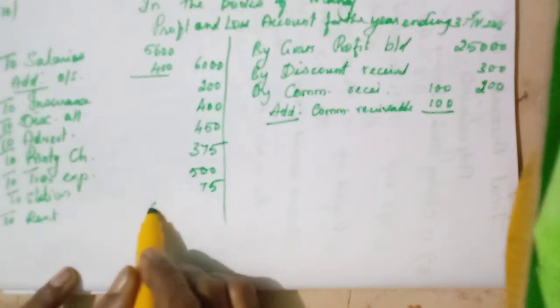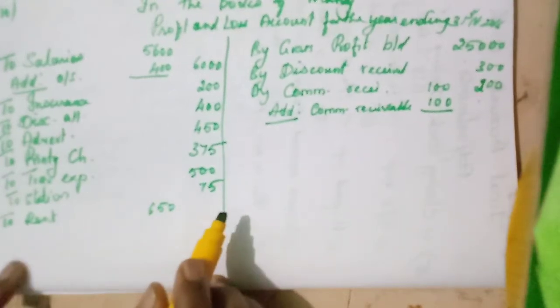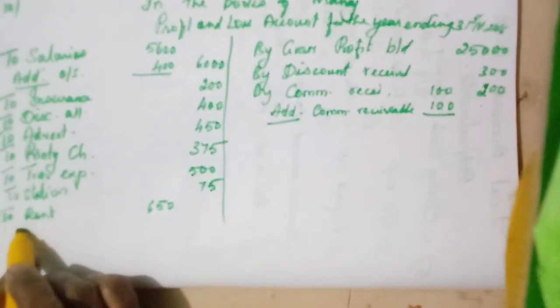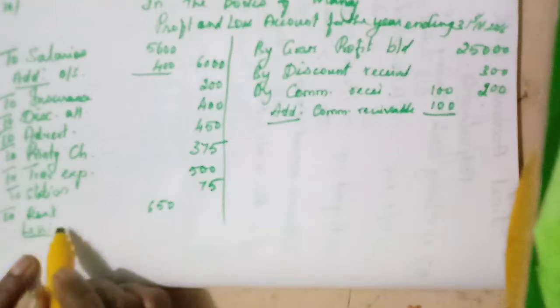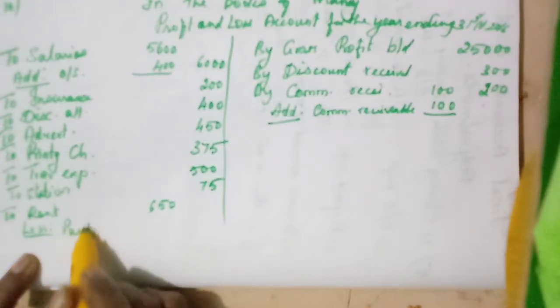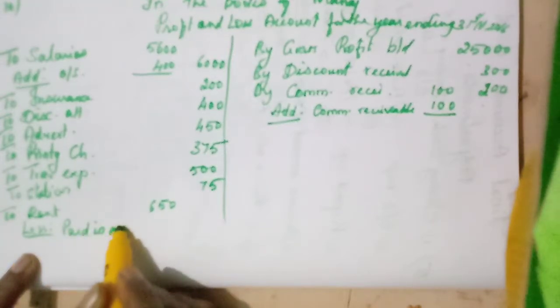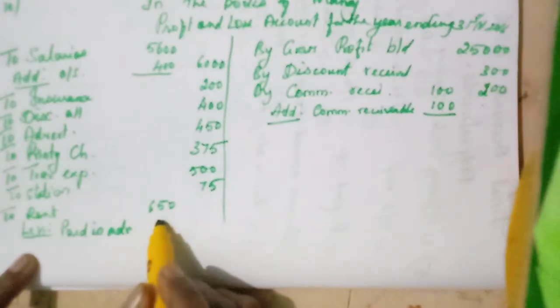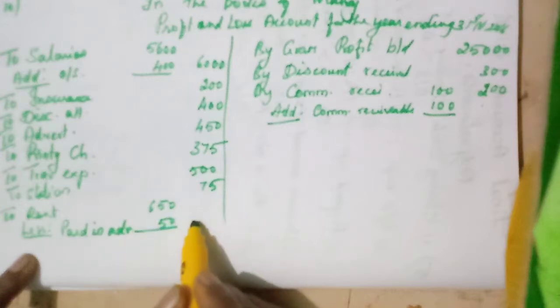Inside we want to write in the inner column 650. Then rent paid in advance, so less paid in advance 50. 600.